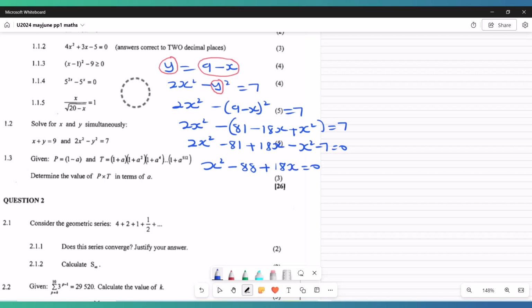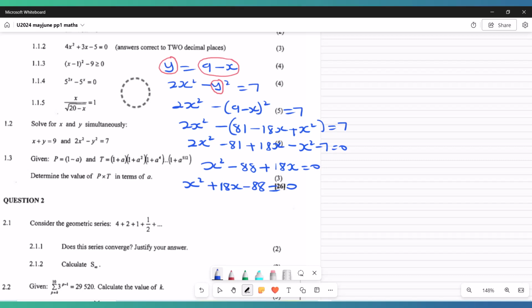Now when I arrange it properly, it's going to be x squared plus 18x, and then minus 88 equals 0. So do you have any factors? When we add, we get positive 18. When we multiply them, we get negative 88.